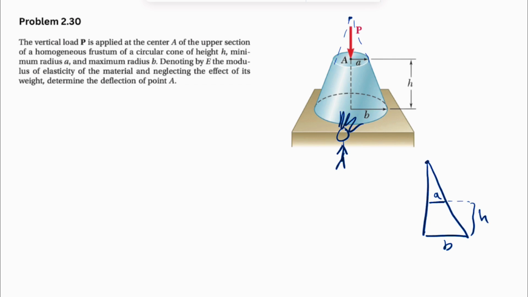Let's put our origin in here and call this our y-axis. So the distance that we are here is going to be our y. Also let's call this distance here a1, and what we have from the top to the bottom b1.